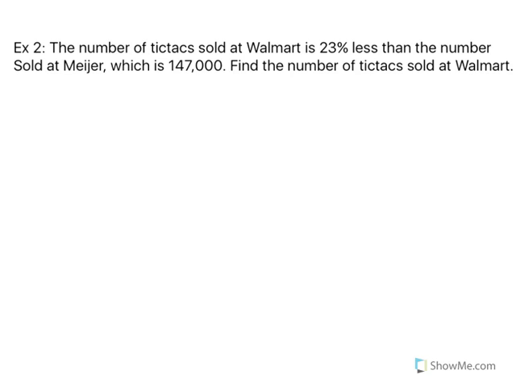In example number 2, the number of Tic Tacs sold at Walmart is 23% less than the number sold at Meijer, which is 147,000. Find the number of Tic Tacs sold at Walmart. Again, made up data. So when I see the percent, 23% less, again, my reference is 100. Less means to take away. So 100 minus 23 would give me 77.